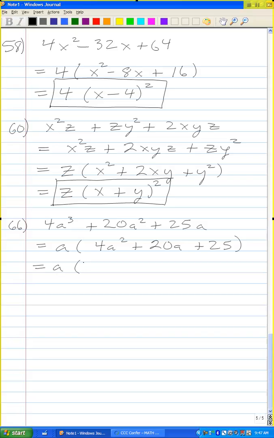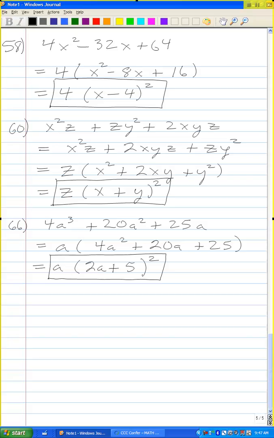Square root of 4a squared is 2a. Drop down the plus. Square root of 25 is 5. And let's check if the middle term is indeed equal to, well, 2a times 5 is 10a times 2 is 20a. And so this is a perfect square trinomial, and it factors as follows.